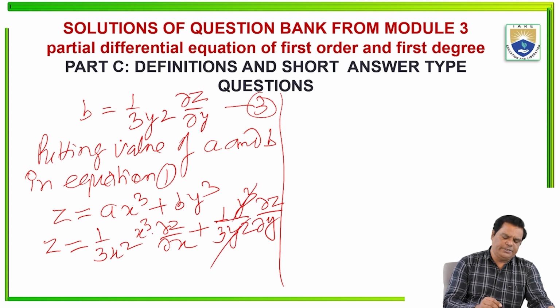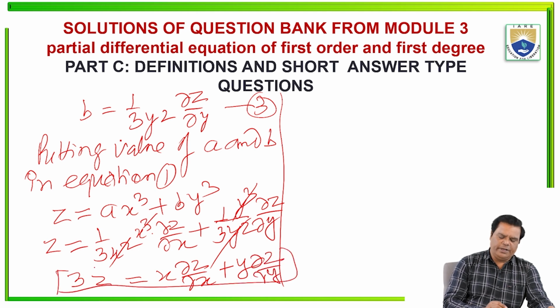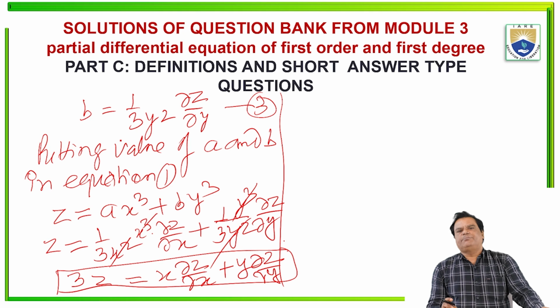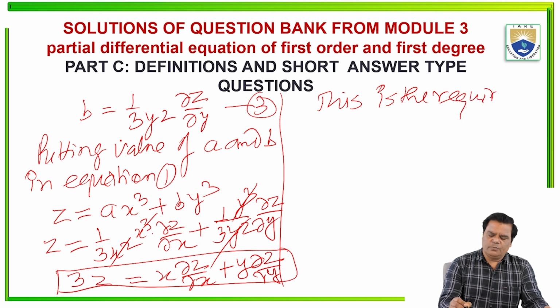So this cancels with this, and multiplying by 3, 3z equals x ∂z/∂x plus y ∂z/∂y. Okay, this is the required partial differential equation, PDE.